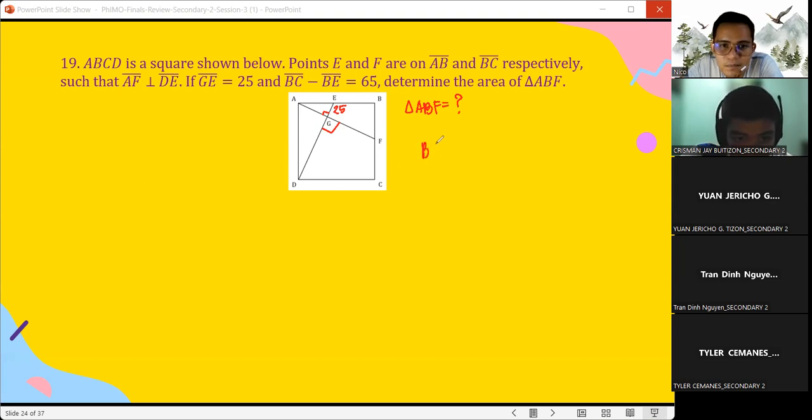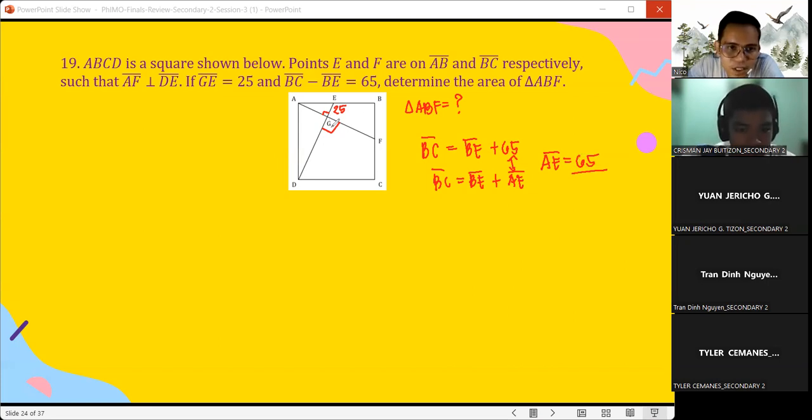So BC is equal to BE plus 65, right? So we can say that BC here is equal to BE plus AE, right? So we can say that AE is equal to 65, correct?